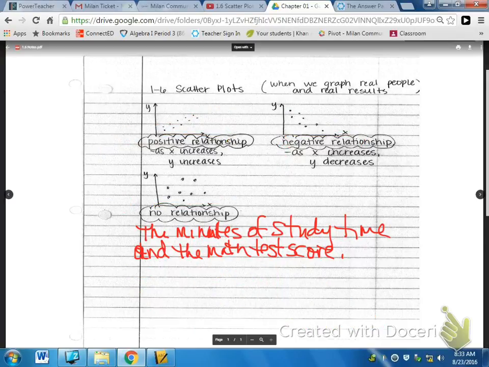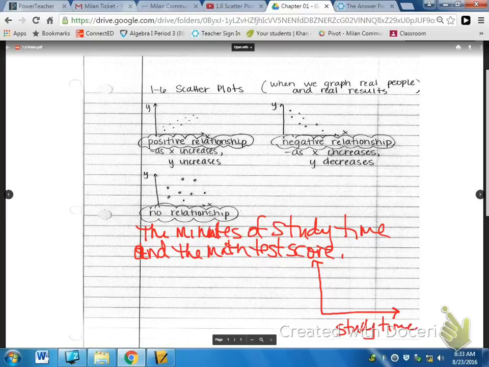All right, I want to look at one more example, and this one is the minutes of study time and the math test score. So to help us again, I'm going to draw a graph here to make us think about what's happening. The bottom would be the minutes of study time.